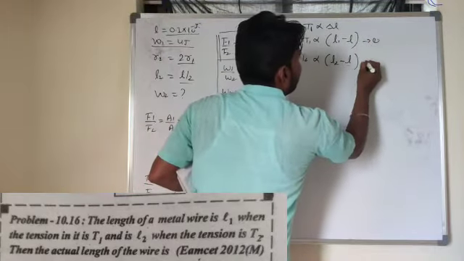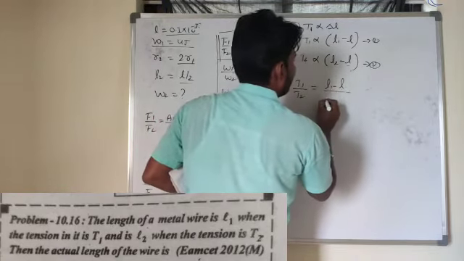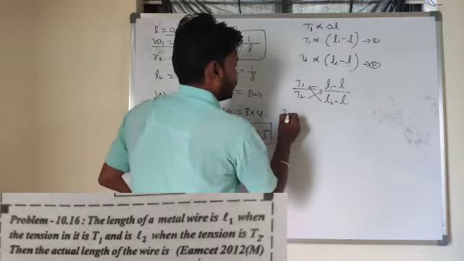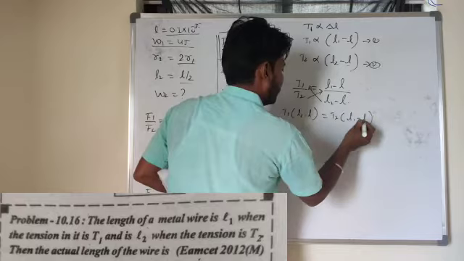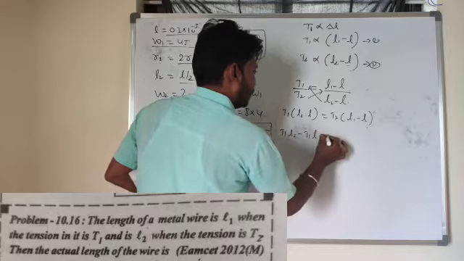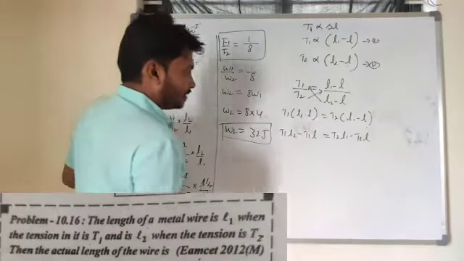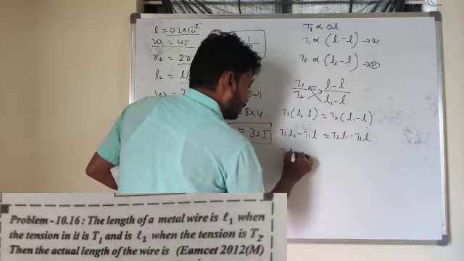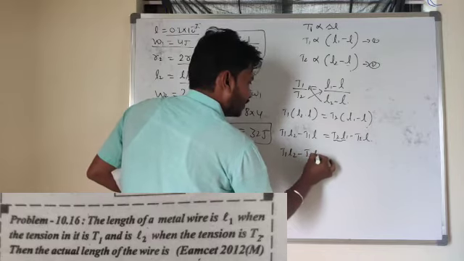So I will divide these two equations now. T1 by T2 is equal to L1 minus L divided by L2 minus L. Cross multiply: T1 into L2 minus L, T2 into L1 minus L. T1 into L2 minus T1 into L, T2 into L1 minus T2 into L. Let me simplify this equation. T1 into L2 and T2 into L1, I will take to the left side, minus T2 into L1.